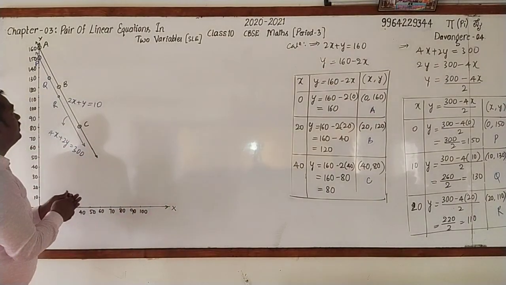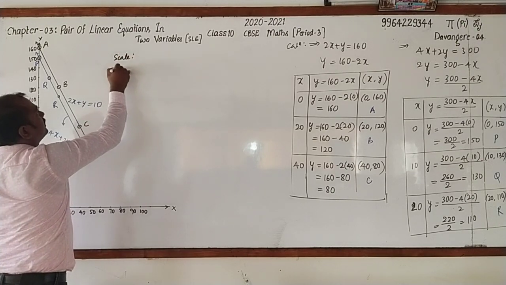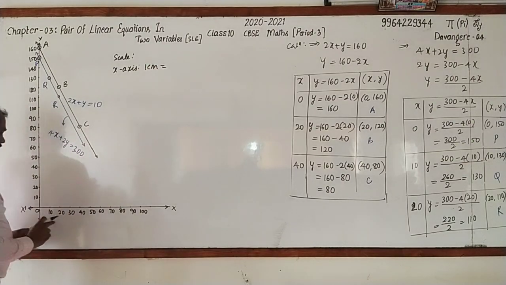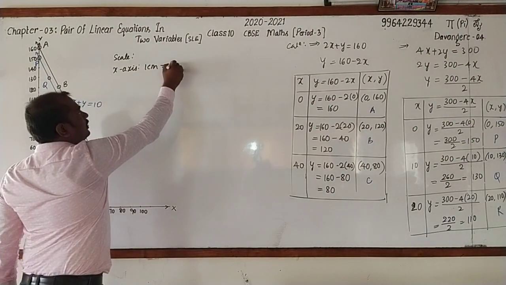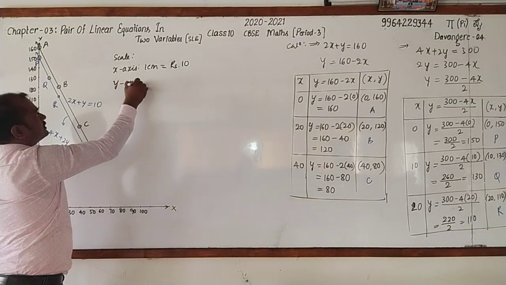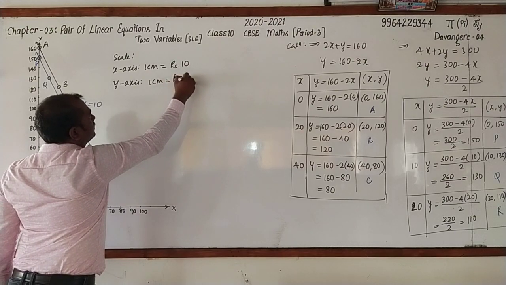Yes. Here I'll go for writing the scale. What is the scale? X-axis, 1 centimeter is equal to rupees 10. Even on the y-axis we have taken the same. Y-axis, 1 centimeter equal to rupees 10.